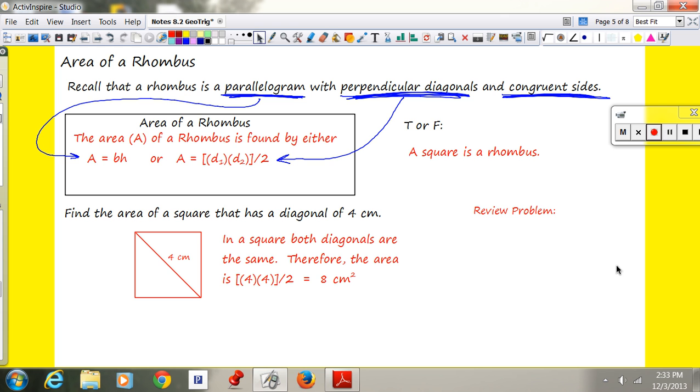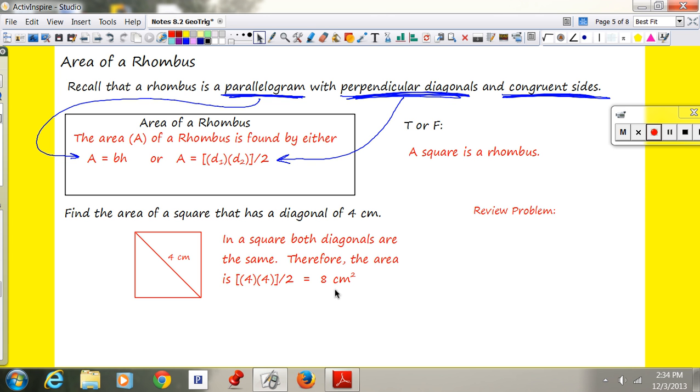In a square, both diagonals are the same, therefore 4 for one diagonal times 4 for the other diagonal divided by 2, you're going to get an area of 8 square centimeters. So if you've got a square that gives you the diagonal 4, then you know automatically that the area has to be 8 square centimeters.